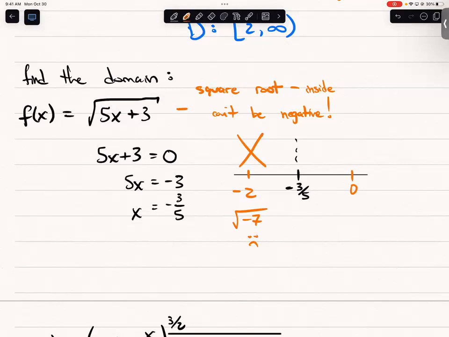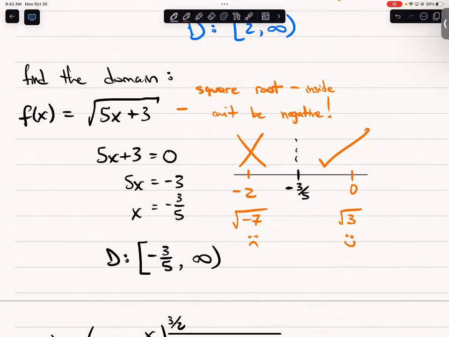If I plug 0 in, though, I get 3, which is real. So the domain is everything from -3/5 to positive infinity. It's equal to 0 right here, and then anything to the right of that is going to be fine.